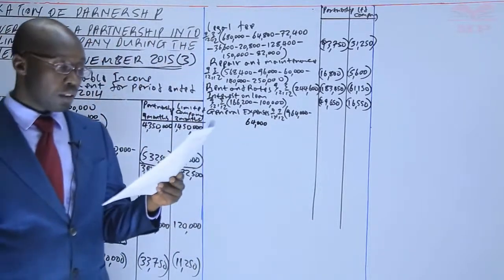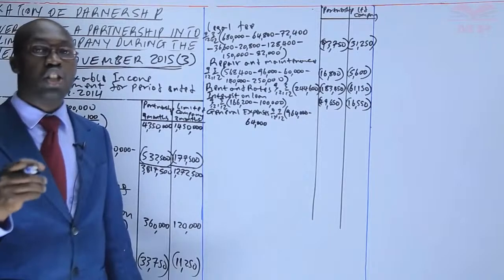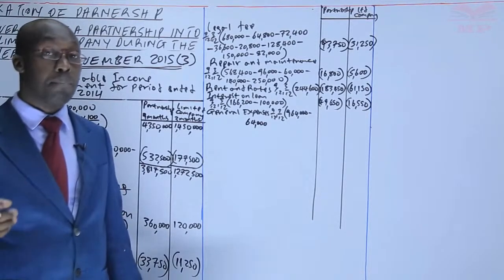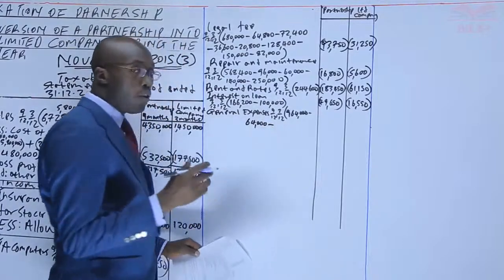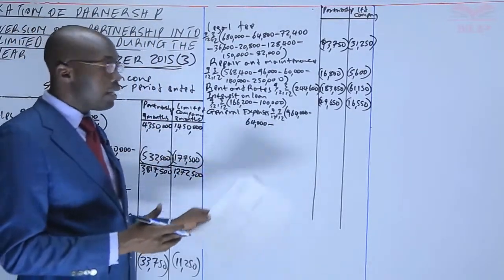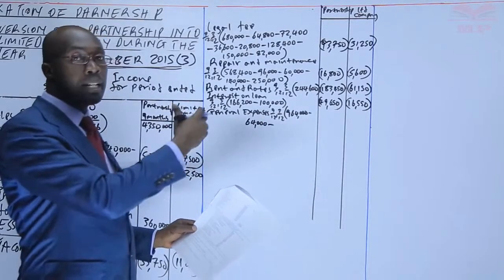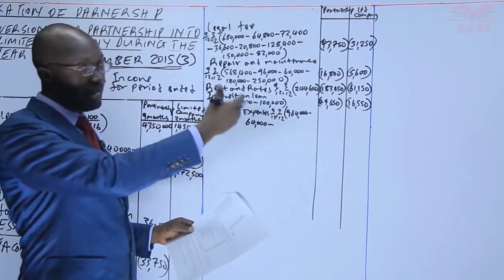Also, flotation cost of 48,000. We said flotation cost is for the shares, and it is usually for the company. So this one we have to remove from here, although we said it's allowable on the company, but the figure that we want to remain with is the one we apportion, the one relating to the company and the partnership. This one needs to be taken to the company directly.